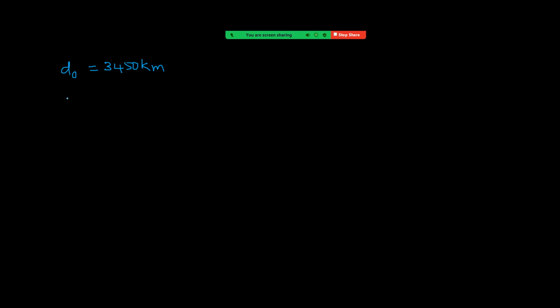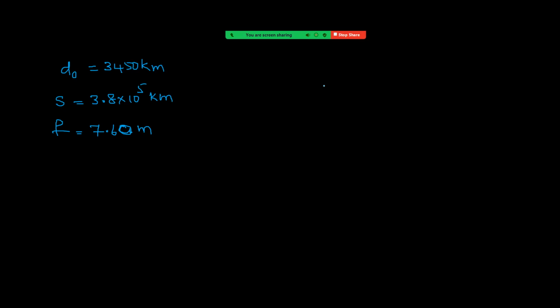Now the distance between moon and earth, I'm taking it as distance, is given as 3.8 times 10 power 5 kilometer. Next, focal length is given as 7.6 meter.